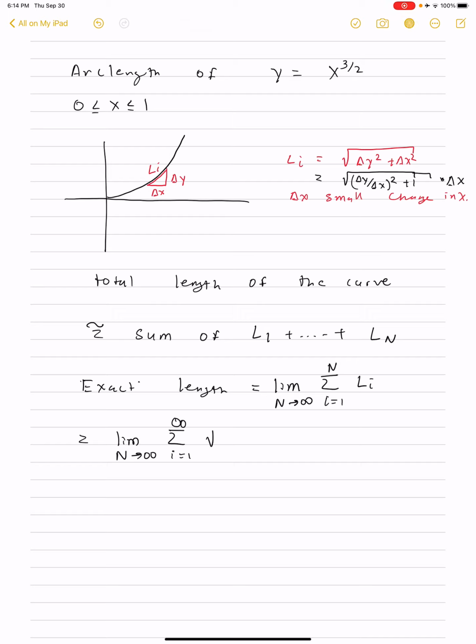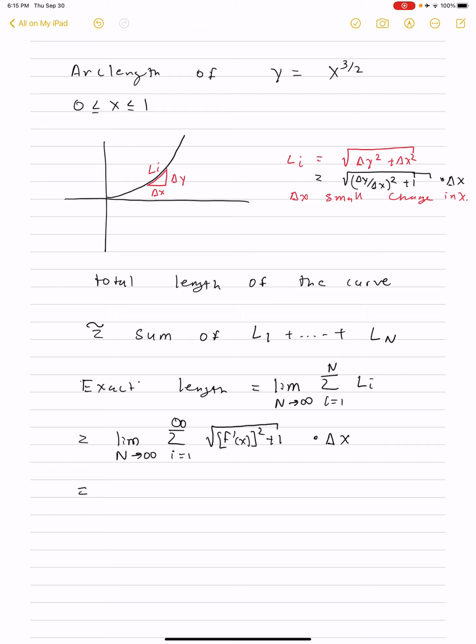And the nice little formula that I have is (delta y over delta x) squared. If I remember correctly, delta y over delta x is represented by f prime of x. So I square the derivative, I add 1 to it, and then I multiply by dx. This reminds me of calculus 1.